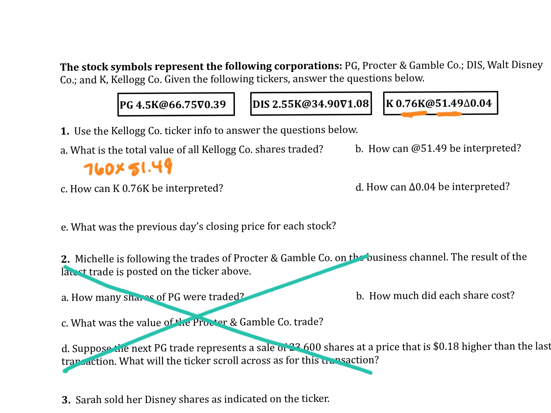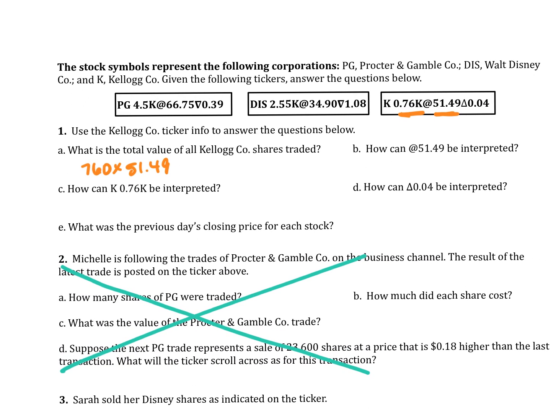So this 0.76K, how is that interpreted? You have to think about the fact that that's thousand, so move your decimal point is the main thing, right? So that's saying it's Kellogg stock that's being traded, and it would be 760 shares.